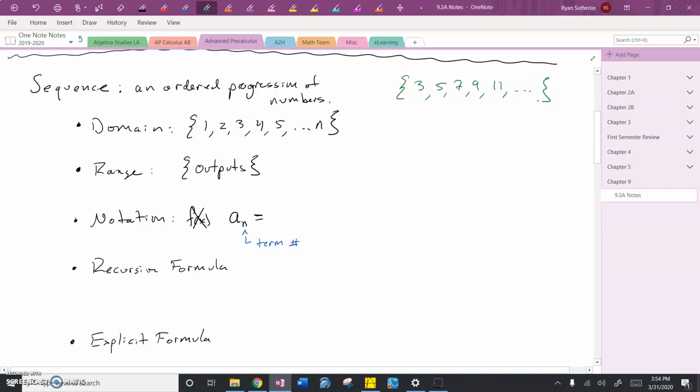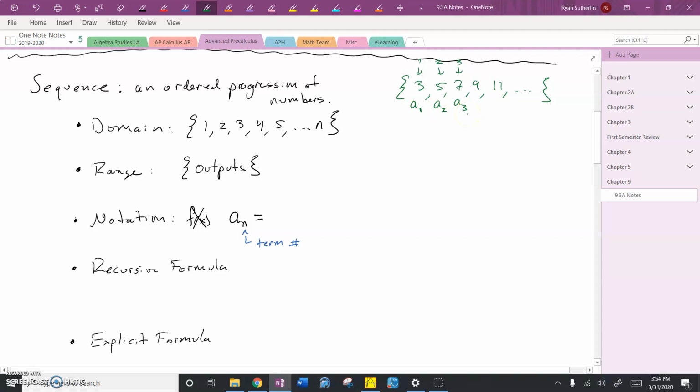So the first term is 3, the second term is 5, the third term is 7. When I talk about notation, I would call 3 a sub 1, 5 a sub 2, 7 a sub 3, because that's the first term, the second term, and the third term.